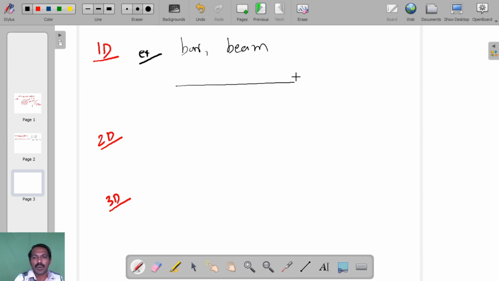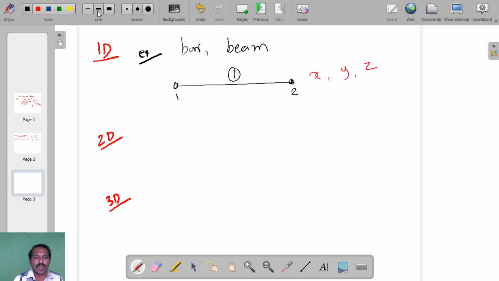For example, it is one element with two nodes, node 1 and node 2. It is called one-dimensional, and each node moves in any one direction, either x or y or z.